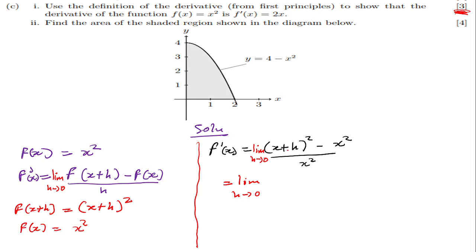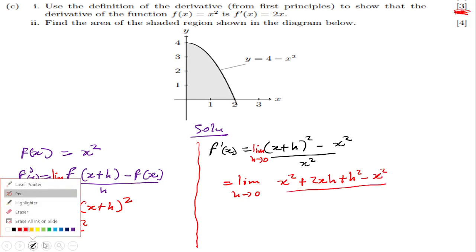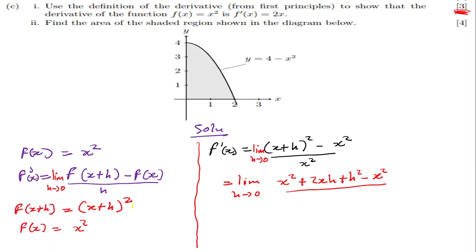So when you expand this one using binomial expansion or any other method, this will be x squared plus 2xh plus h squared minus x squared over, okay, over, by the way, I've written x here, which is not supposed to be x there.